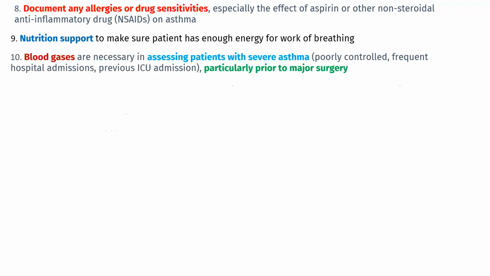Write boldly in the case sheet not to use that. Nutrition support, to make sure that he has enough muscle power to overcome any difficulty in the work of breathing. Blood gases are rarely used as a guideline, but if it is a patient with severe asthma, not well controlled, and they have to undergo a major surgery, then of course you can do a blood gas.